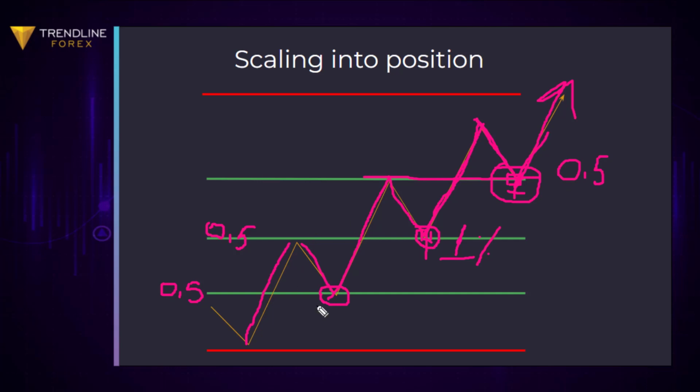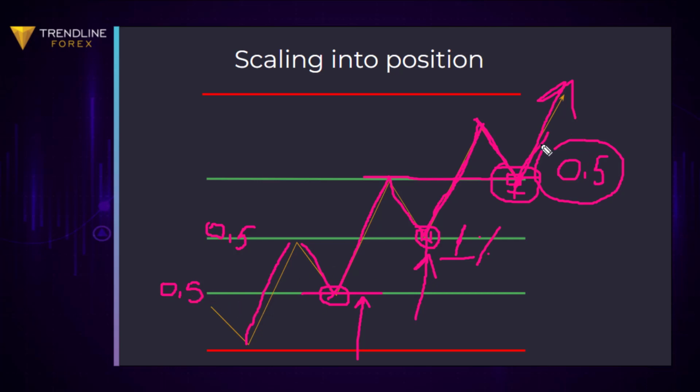Or if, let's say, you've moved your stop loss on the first trade only, you don't only move it to break even, but you can move your stop loss locking in some profit, let's say 1-to-1, and that means if you enter that third trade with 0.5% again, then basically you're risk free on this trade because you've just locked in 0.5% on your first trade.